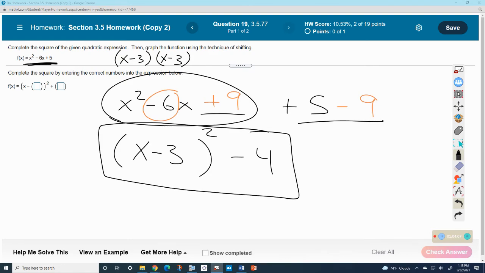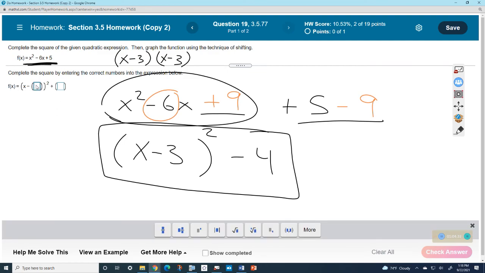I'm going to put a 3 right here and a minus 4 right here. Just 3 because it's already got a minus in front of it. This is going to be a minus 4.